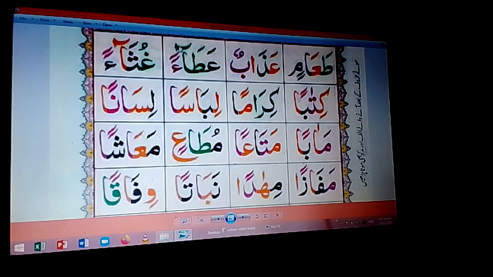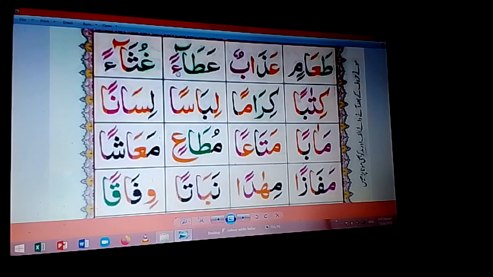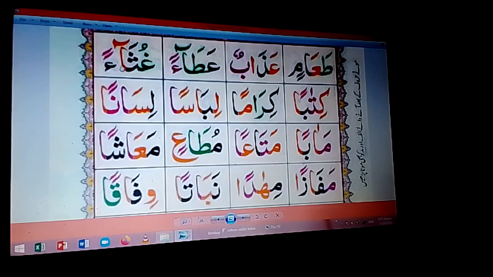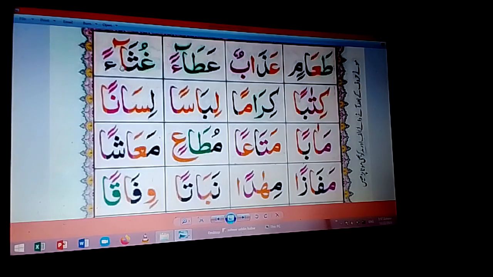That's why it would be longer. Ato'an, and same rule will be applicable here. This would be ghusa'an. Tha would be longer because of 2 reasons, as I have explained those 2 reasons, alif and long sign.